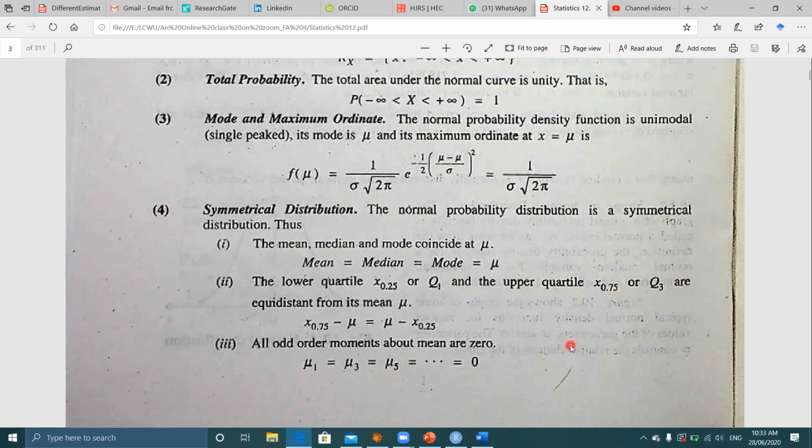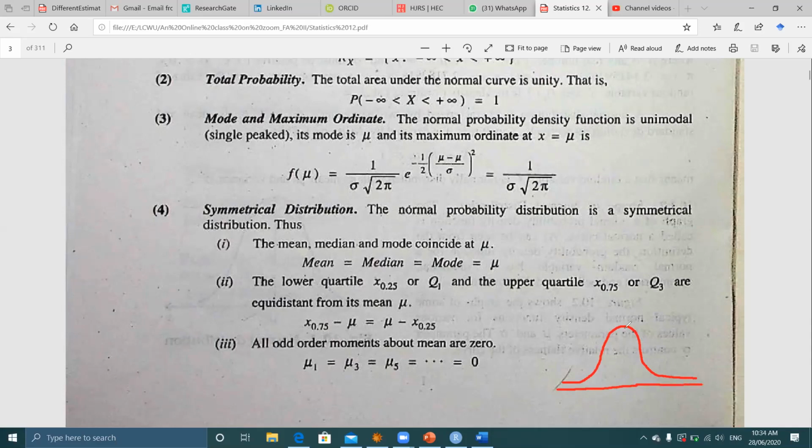If I draw the figure here along with this property, then you can see this is our bell-shaped distribution. This is your x-axis.